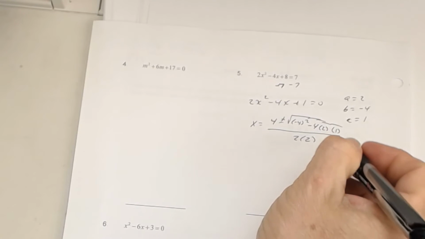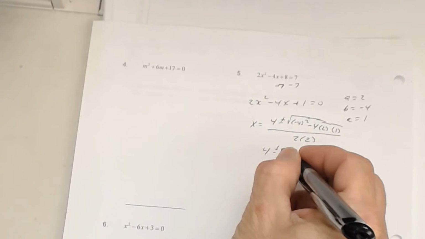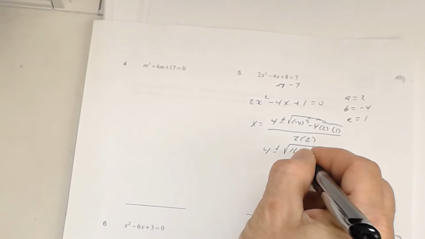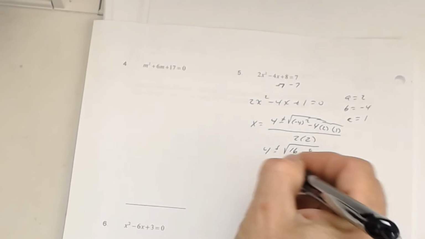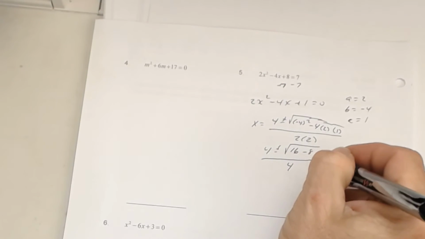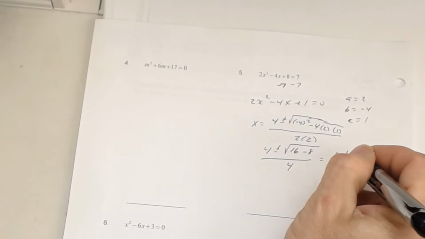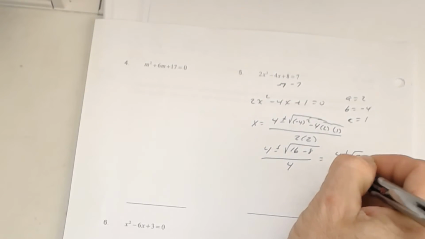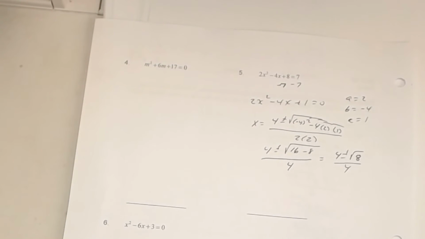Right? So I get 4 plus or minus the square root of 16 minus 8 all over 4. So that's 4 plus or minus the square root of 8 over 4. All right, so that's where I'm at. Am I going to have an I?